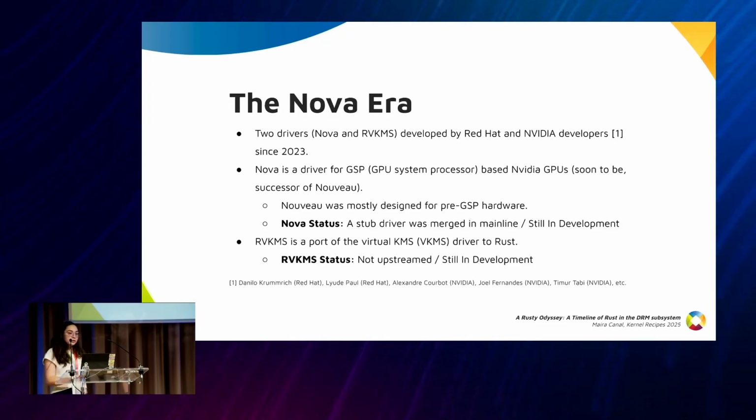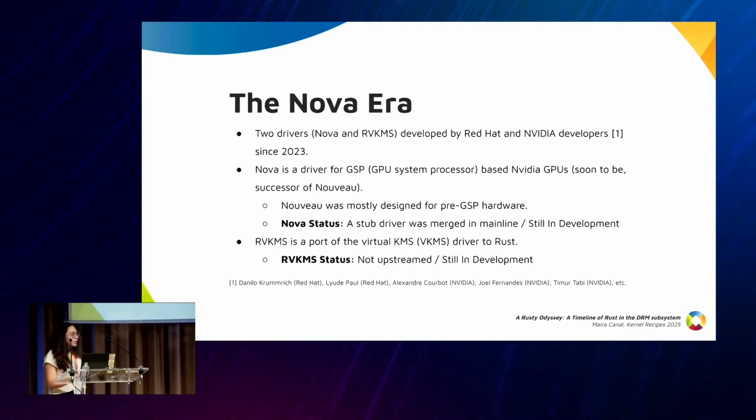Nova is a driver for GSP-based NVIDIA GPUs that was developed by Red Hat and NVIDIA devs. Actually, some of them are in the audience right now. I listed a couple of them here in the slides, and I'm not going to say their names because I'm probably going to mispronounce them, but thanks a lot for working on this. And it is intended to become the successor of Nouveau at some point in the mainline.